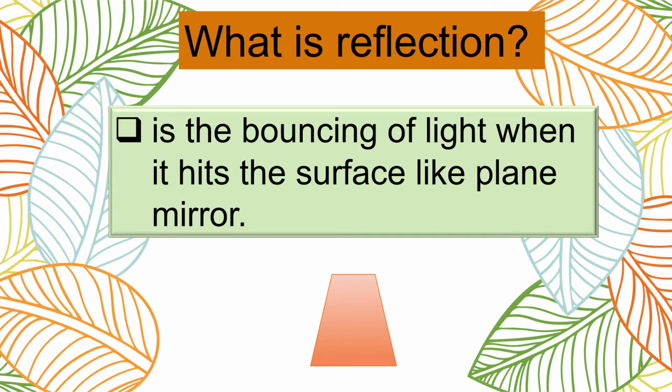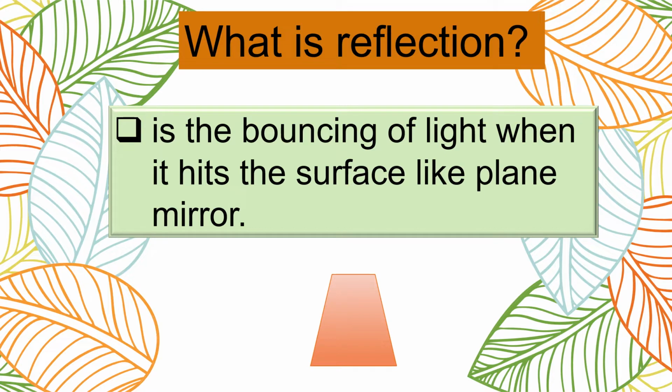Reflection is the bouncing of light when it hits the surface like a plane mirror. So the light rays of the flashlight reflect or bounce as it hits on the surface, just like the flashlight that I've shown to you a while ago.